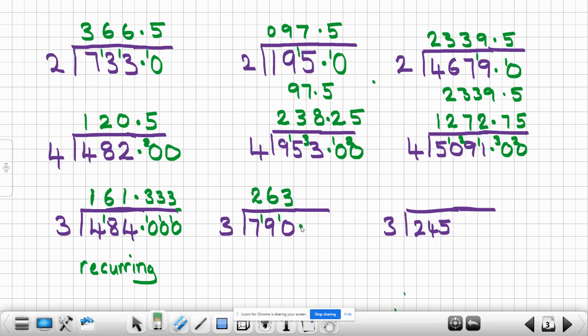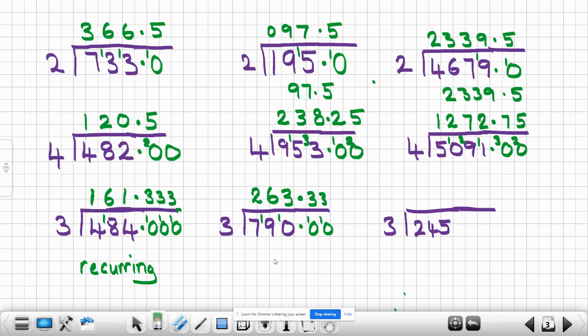So can you see what's going to happen here? If not, just keep going anyway. So 3's into 10 goes 3 times with a remainder of 1, which is going to be carried over. We need a decimal here. 3's into 10 goes 3 times, remainder of 1. 3's into 10 goes 3 times, remainder of 1.